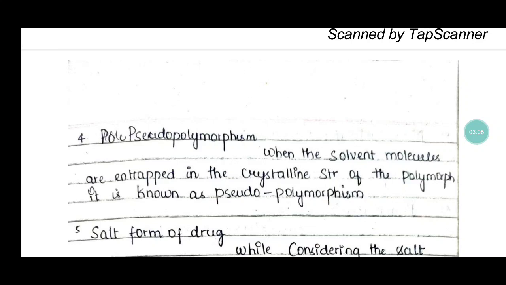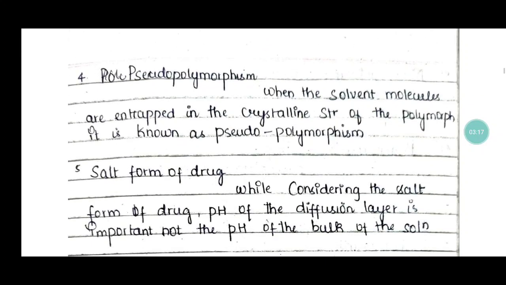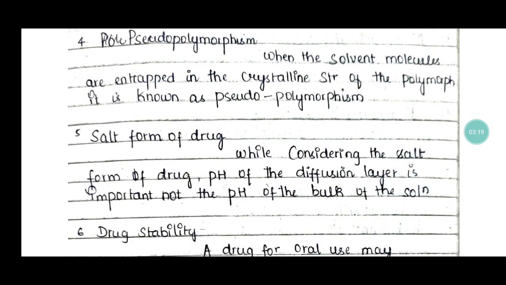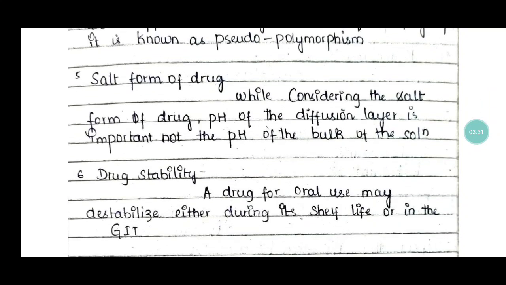Number 4, pseudopolymorphism. When solvent molecules are entrapped in the crystalline structure of the polymorph, it is known as pseudopolymorphism. And salt form of the drug: while considering the salt form of the drug, the pH of the diffusion layer is important, not the pH of the bulk of the solution. So number 6, drug stability.